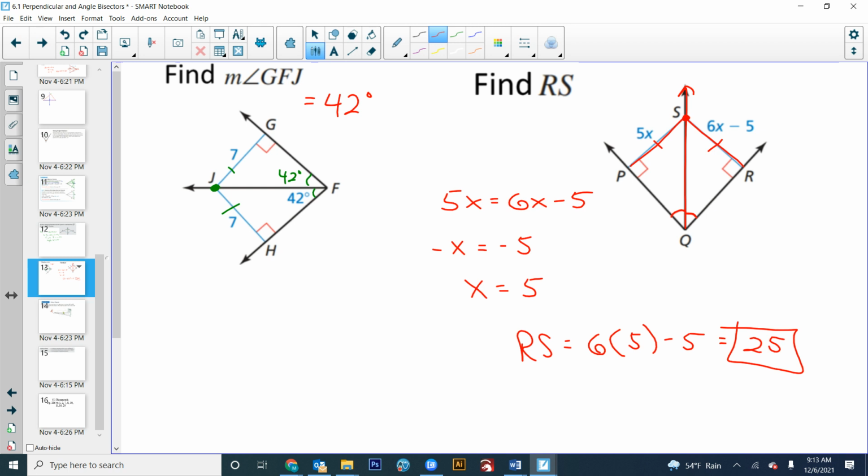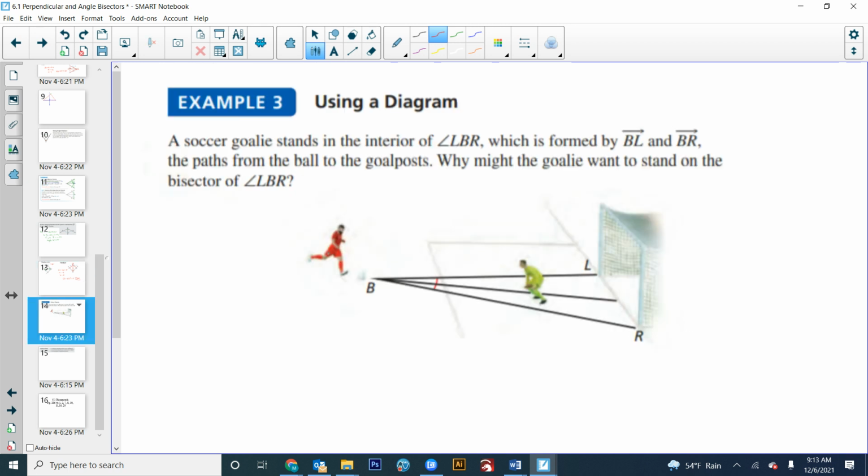We're sticking with the soccer theme today. Are you ready? You've got a player in a one-on-one situation with the goalie. Where should the goalie stand? On the angle bisector.